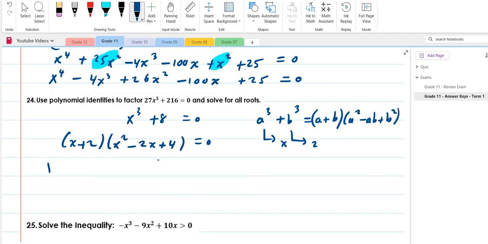So from the first bracket we can get x is equal to negative 2, and from the second bracket we need to use the quadratic formula, which is minus b plus minus the square root of b squared minus 4ac, divided by 2a.